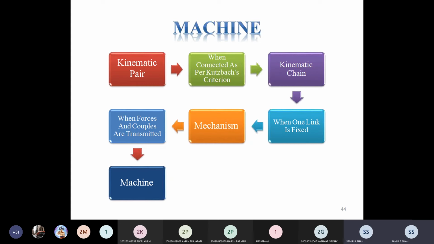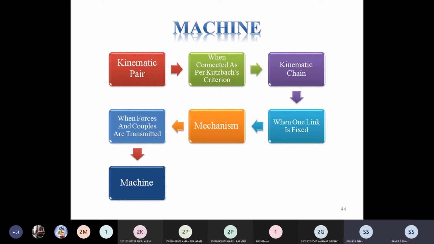When force and couple are transmitted, then it is known as a machine. It means a machine requires all the criteria from red to blue. At the end we get the machine with the help of the equation, with the help of the kinematic pair, applying Grubler's criteria. If Grubler's criteria is followed, then we consider it a kinematic chain, and at the end we see whether one link is fixed or not.